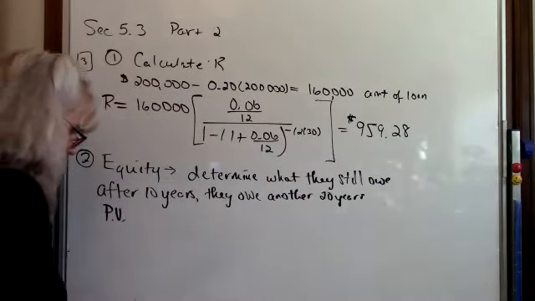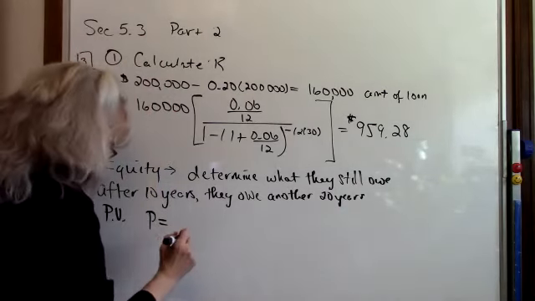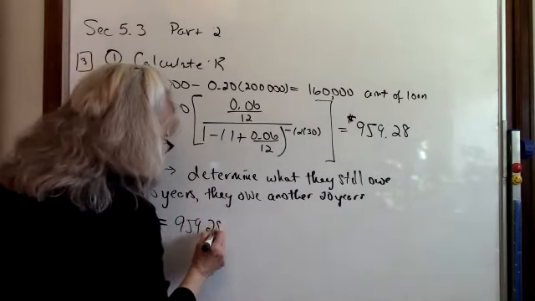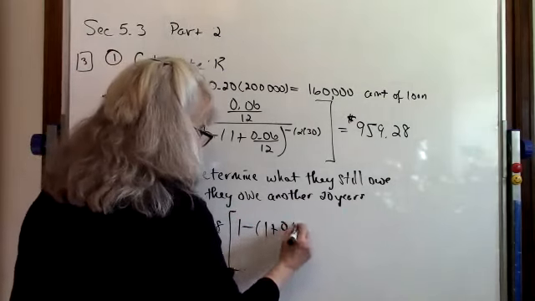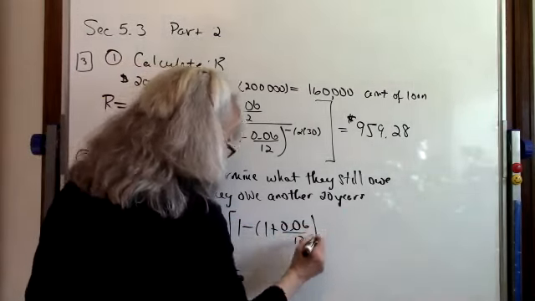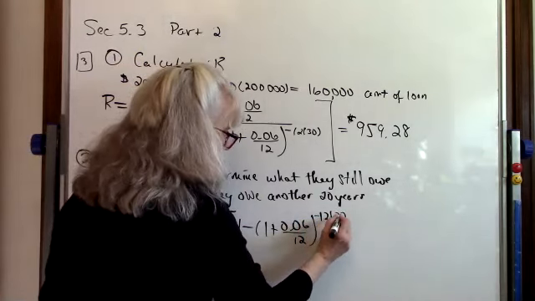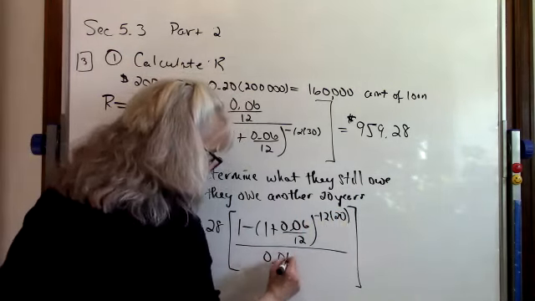So that formula is going to be P equals, it's really just this formula rearranged. The monthly payment of 959.28. And then we're going to have 1 minus 1 plus 0.06 divided by 12. But up here, we're going to use 12 times 20, and that's a negative 12 times 20 because they owe 20 years still. All over the 0.06 divided by 12.